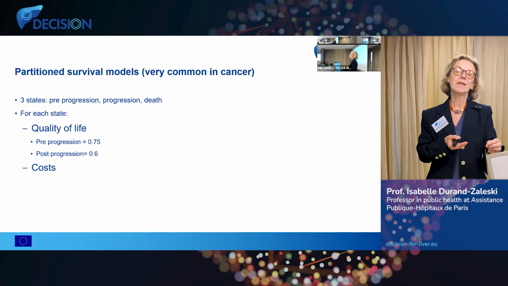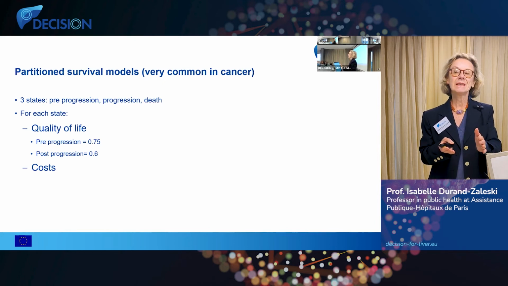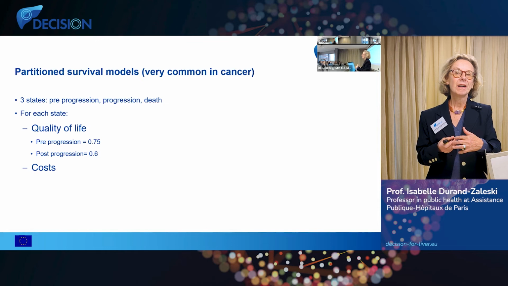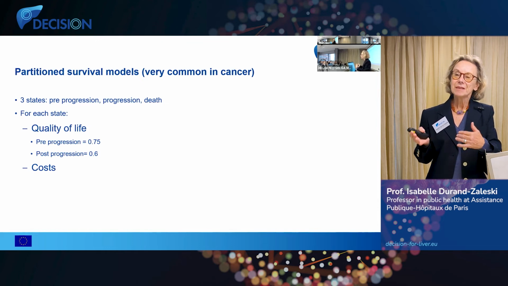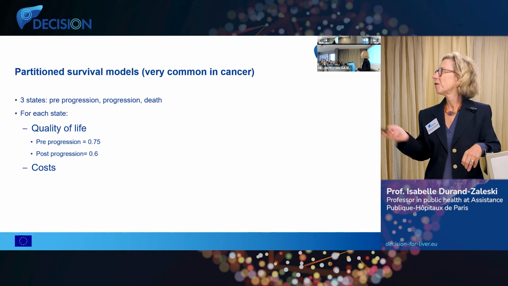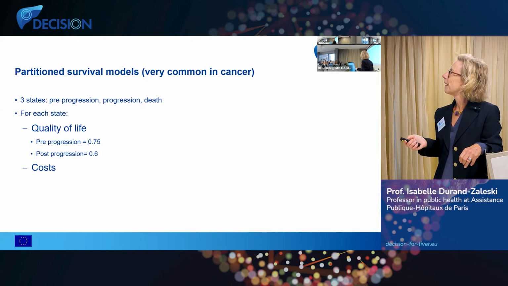So if you do gene therapy, 2 million, if you just look at 1 year worth of data, it will cost 2 million per life year. If you expand it over 40 years, then you have a better looking incremental cost effectiveness ratio. And so this is why all this is done.